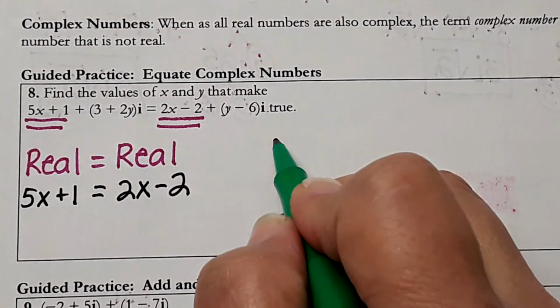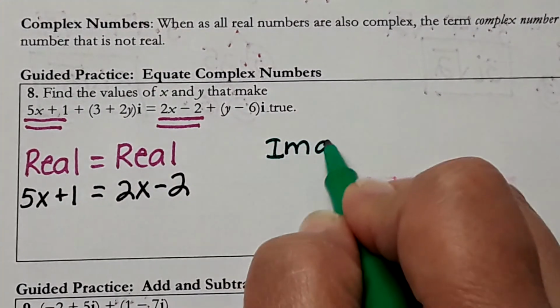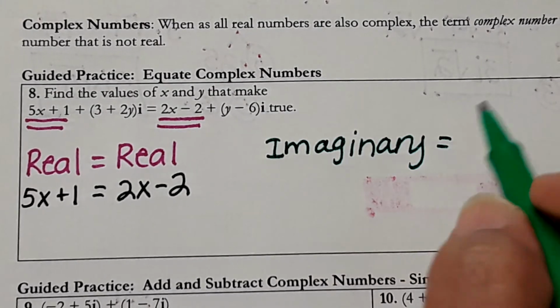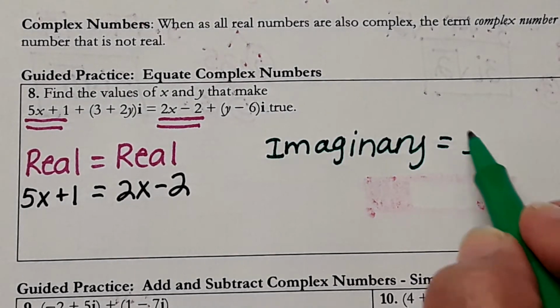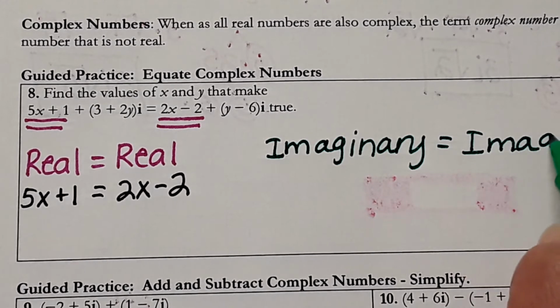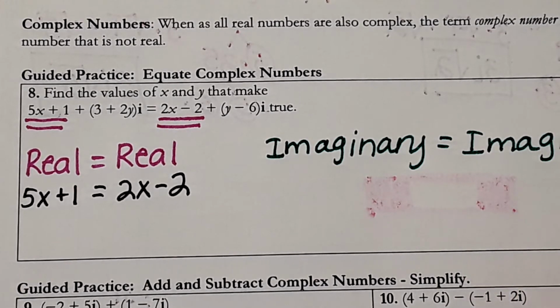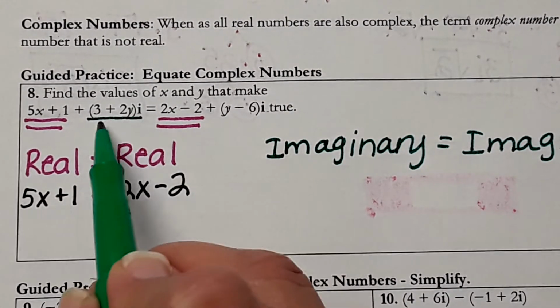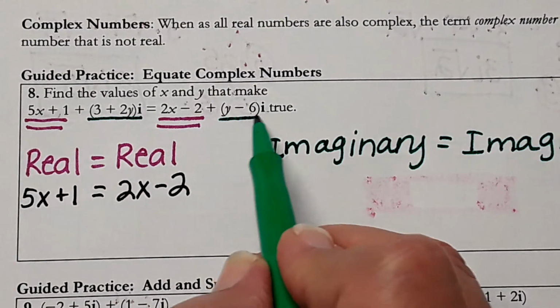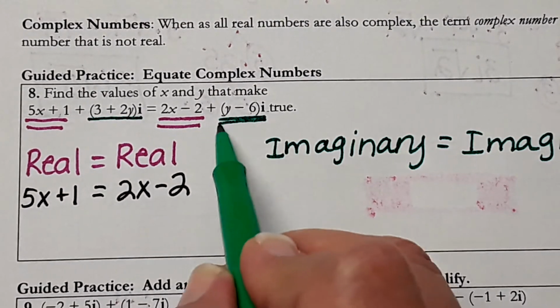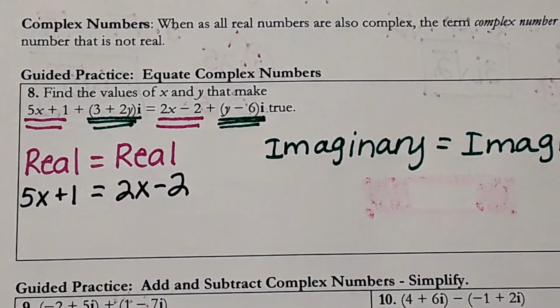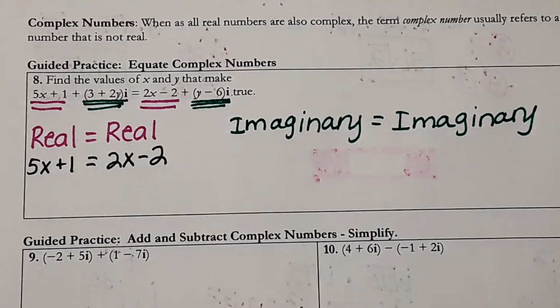Then I'm going to have my imaginary equal my imaginary. And my imaginary is going to be this part. And the reason I know that's my imaginary is because there's an i attached to it.